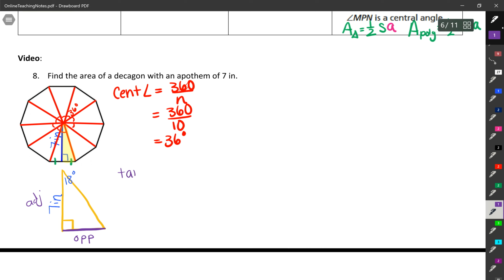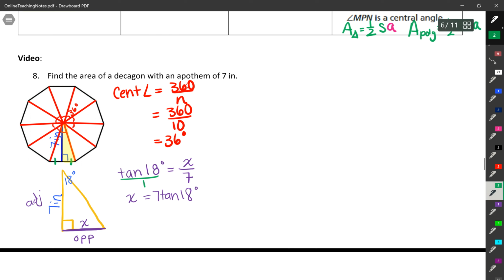So we have the tangent of 18 degrees is equal to opposite, I'm going to call it x, divided by the adjacent, which is 7. So I can put this over 1 here and cross multiply to get x equals 7 times the tangent of 18 degrees. And then I can use that on my calculator if I would like to calculate it, but I actually don't need to. So that's how much x is.